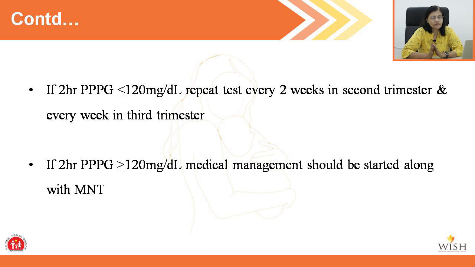But if this glucose level is more than 120 milligram per deciliter, then this is a lady who has some sort of glucose intolerance, and this patient should be immediately put on medical or nutritional management of diabetes mellitus, so that the blood glucose of this pregnant female can be controlled.